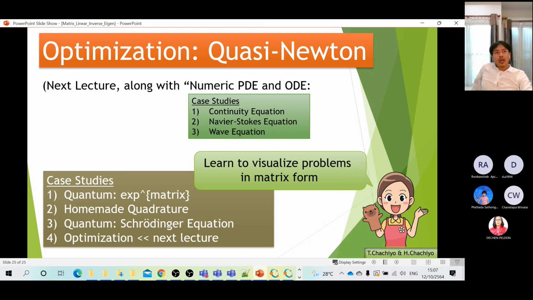And then you can use software packages like Numpy, Python, or C, Octave to do the computing for you. Okay. Any question before we take off today?